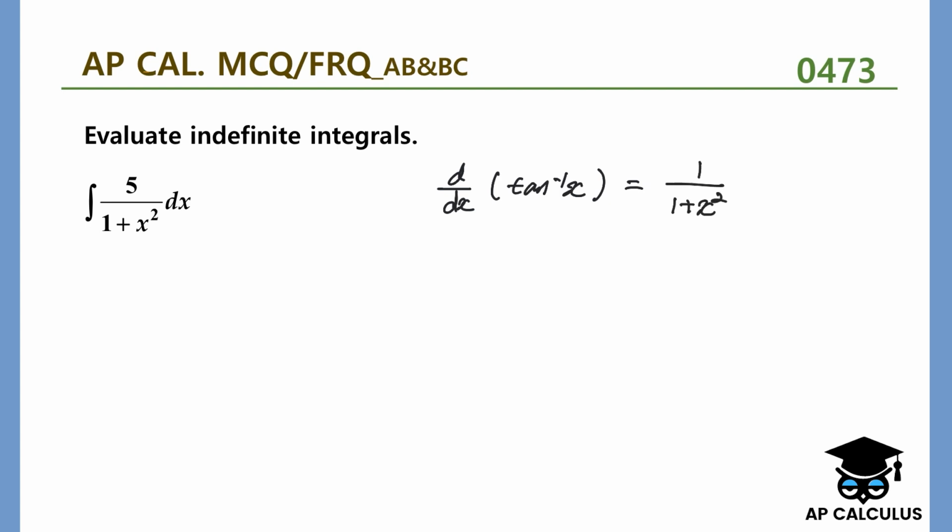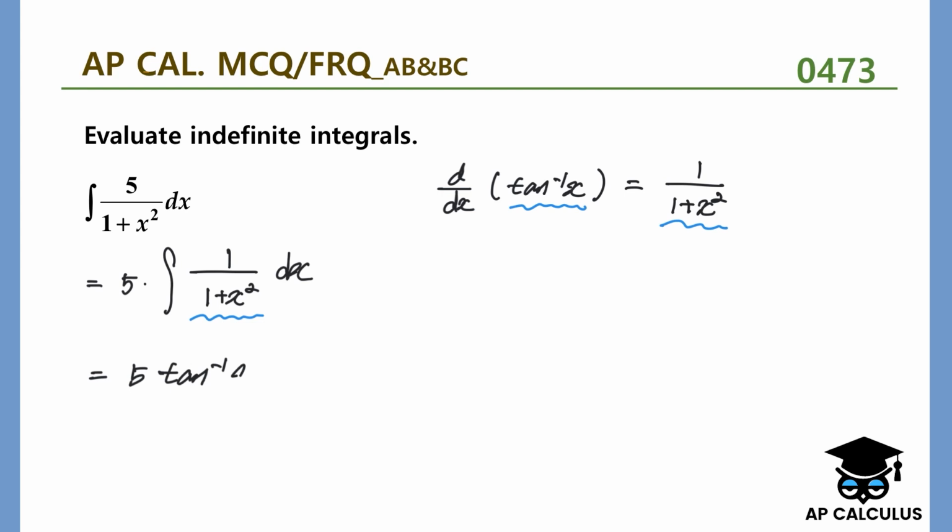So this indefinite integral can be written as 5 times the integral of 1 over 1 plus x squared dx. The antiderivative of this expression is inverse tangent x. So this is equal to 5 times inverse tangent x plus c.